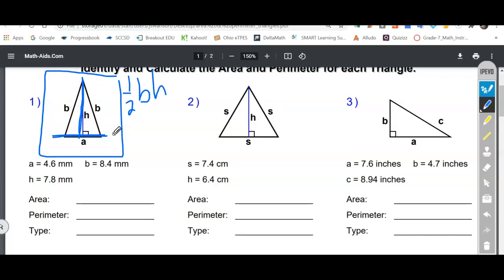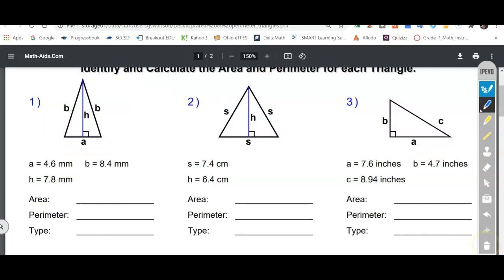So here's what you're going to write. You're going to write on the line all of your work. I'm not going to just write in an answer. I'm going to write it all in there. So I'm going to go 1/2 times my base would be A. Sorry. So I need to write in what that number is. So I'm going to go 1/2. A is 4.6. So 1/2 times 4.6 times H, which is 7.8.